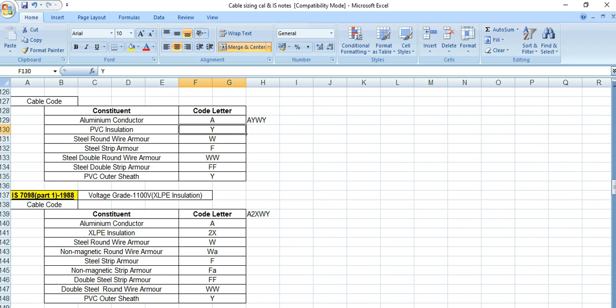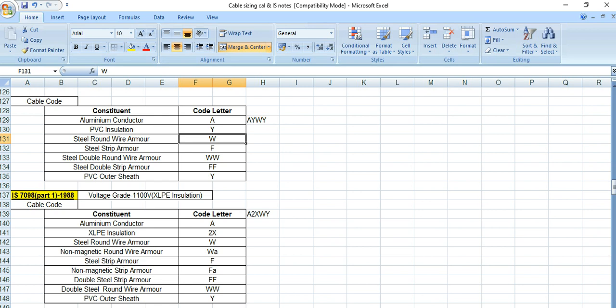Next comes the armoring. If the cable is armored and it is steel round wire armor, then the code will be W. So the third letter is W. If it is W, that means it is armored cable made of steel round wire armor.